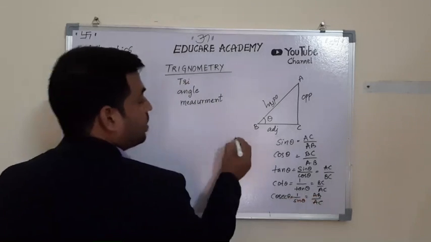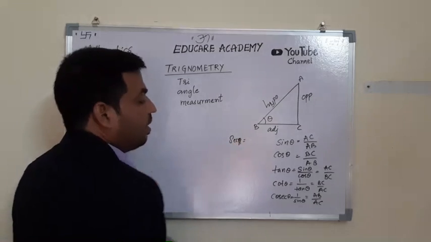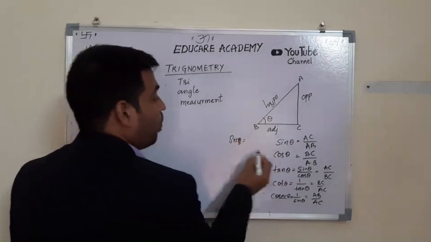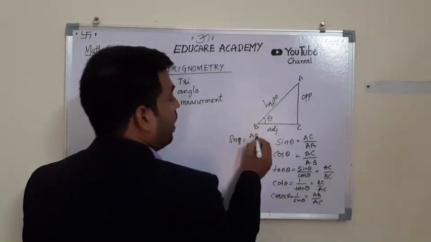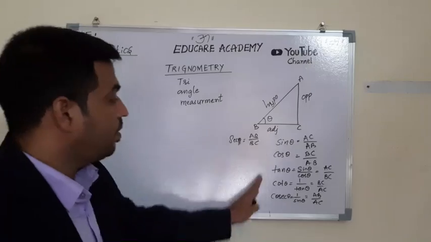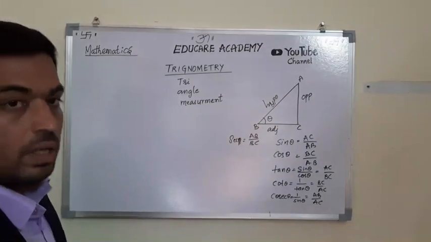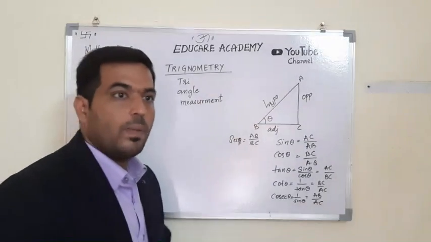Then the last one is secant theta, pronounced as sec theta. It is the opposite of cos, so it will be AB by BC. So these are the ratios of trigonometry. If you remember these ratios, you can easily solve further problems.